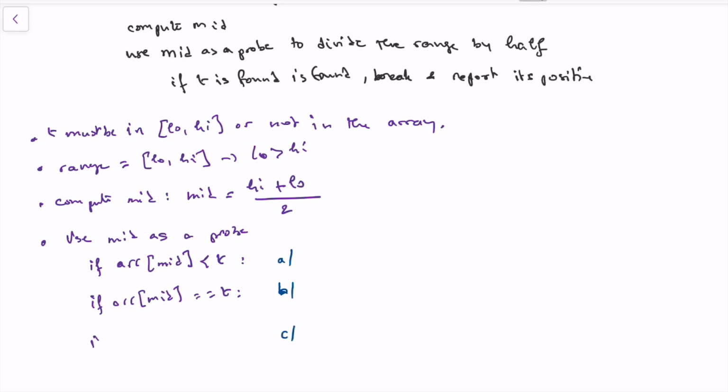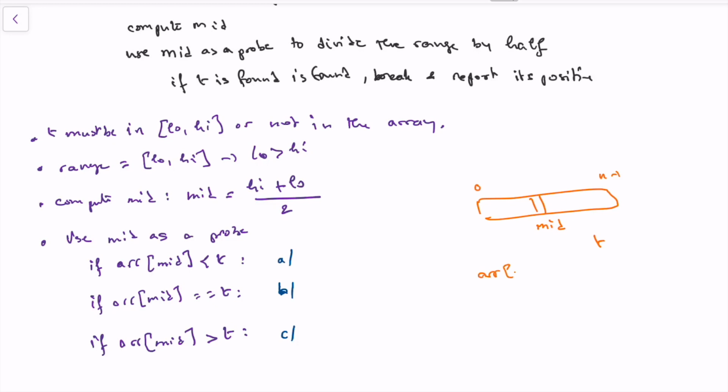And that is basically if array mid is bigger than t, then do something else. Now we need to find what we need to do here. So if the array at the middle position is less than t, and this is a sorted sequence, let's say t is 8, and the value at mid is 3, so it's smaller.